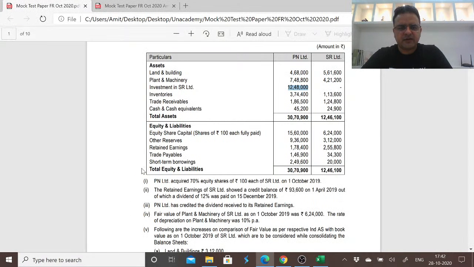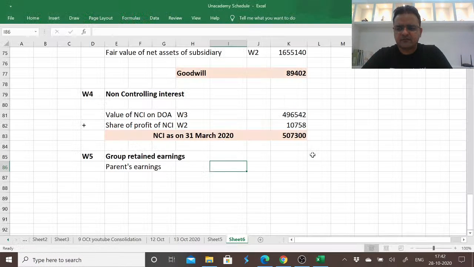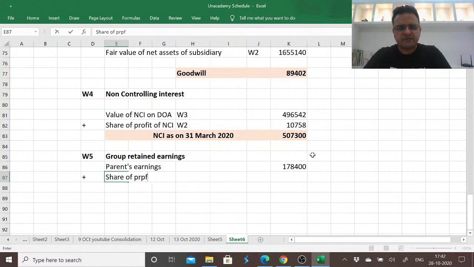Parents' earnings is given as retained earnings, 178,400, plus share of profit from subsidiary.